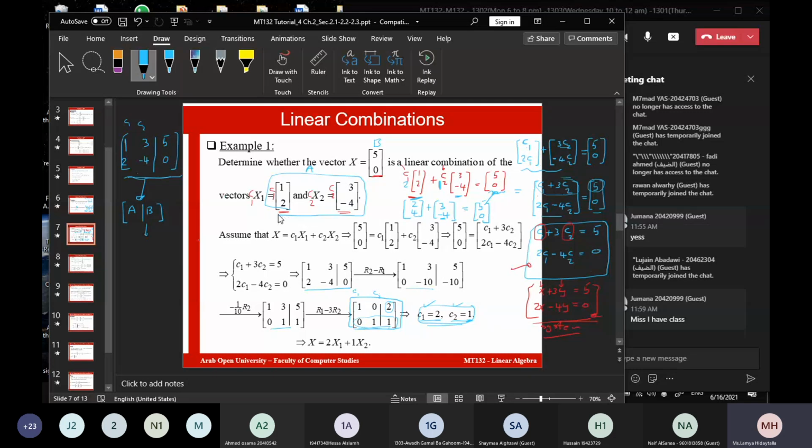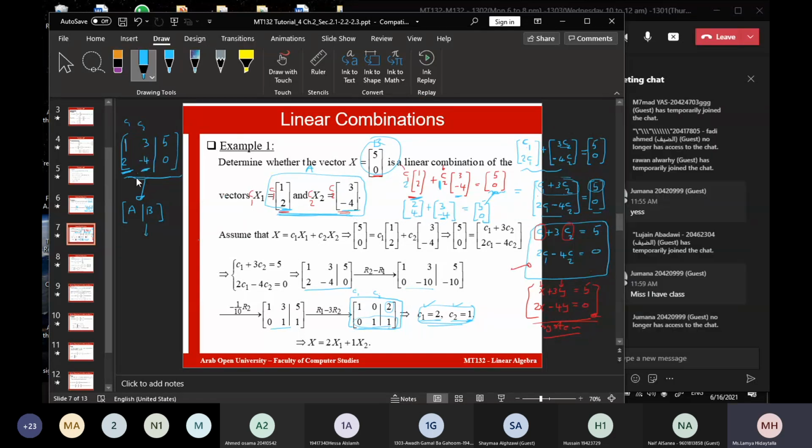So what's going to be your A? You want to write this in terms of which vectors? So these are going to be the part A: 1, 2, 1, 2, 3, minus 4, 3, minus 4. What do you want to get? 5 and 0. So this is 5 and 0. If you understood, there is no need for all these steps and calculations.